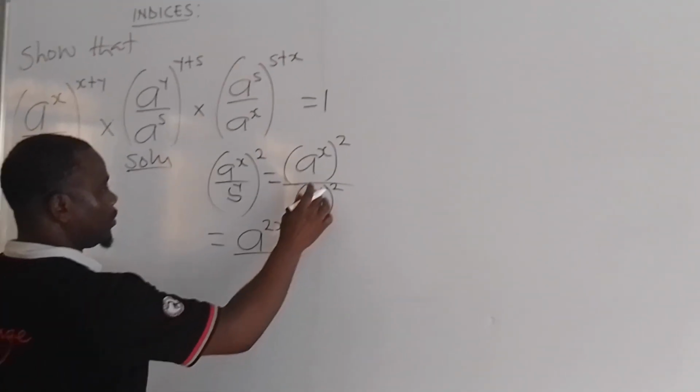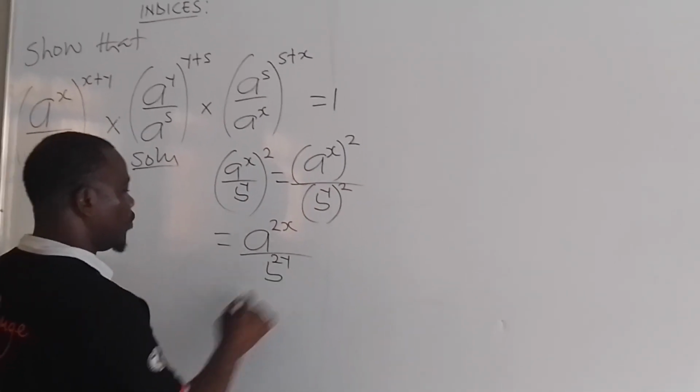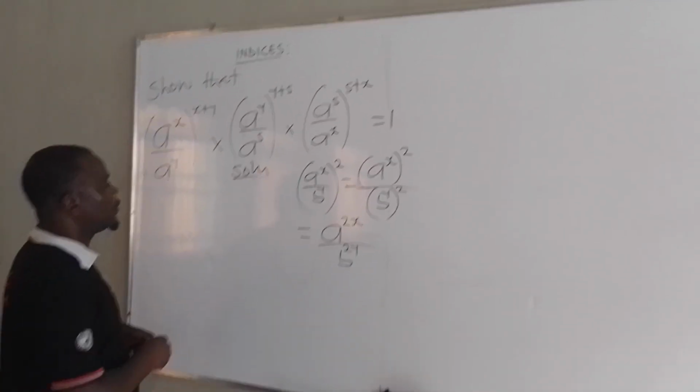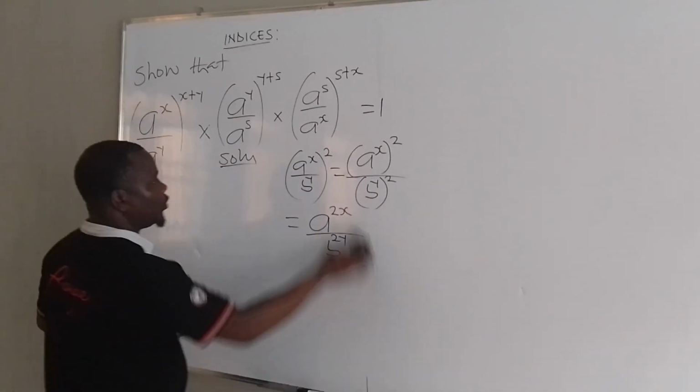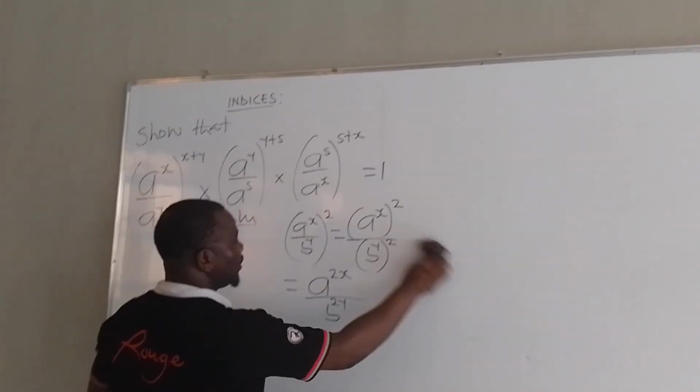And b raised to the powers of y times 2 will give you b raised to the powers of 2y. So please take note of this. With the help of this, I don't think this problem will be a difficult one.